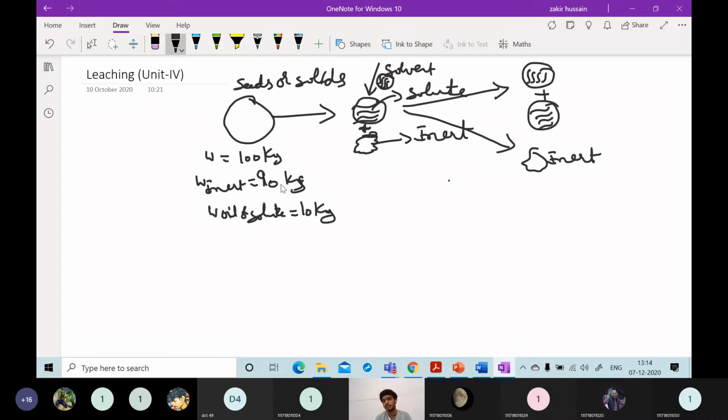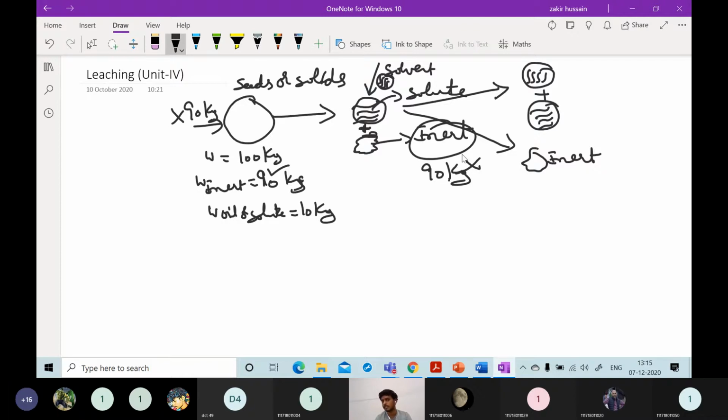But the inert is not at all participating in any of this operation. So if the input contains 90 kg of inert, then the output will also contain 90 kg of inert. So this inert will not have any role to play in the leaching operation.